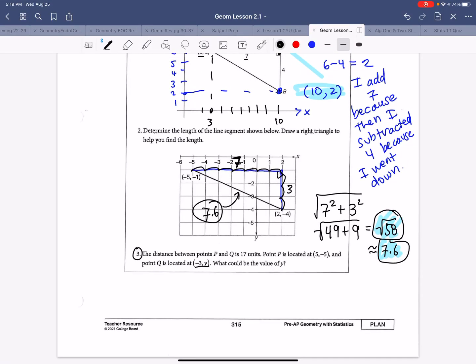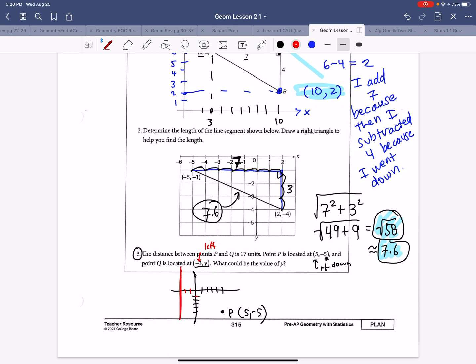Okay. So 5 is to the right and down 5. So if I go right 5 and down 5, I get point P, 5, -5. And if Q is located at -3, that means I go left 3, 1, 2, 3, and then I go up or down.